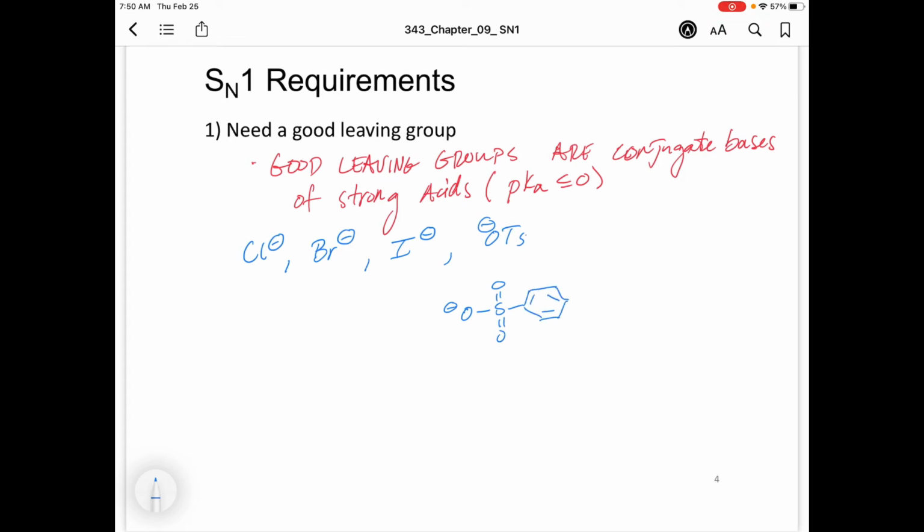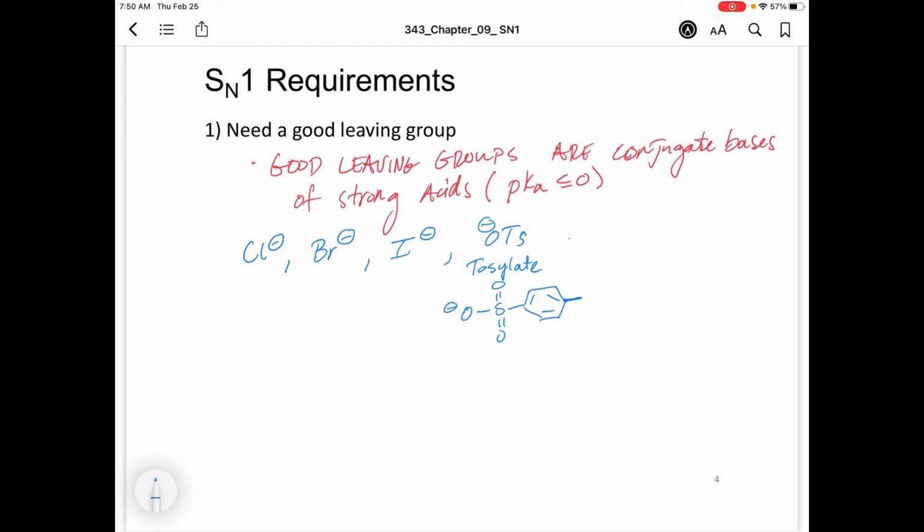This TS stands for tosylate, so I'm going to write this out. Tosylate. This tosyl group is this toluene derivative. It's a benzene ring with a methyl coming off it in the para position to your sulfonyl group there.